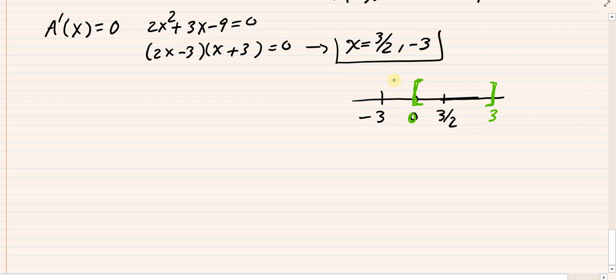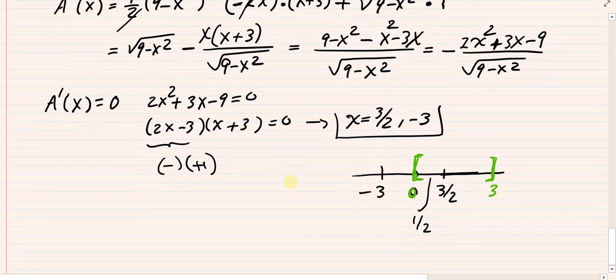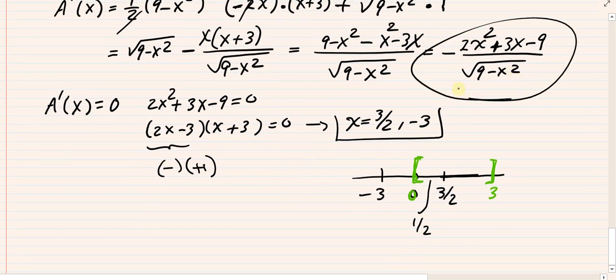But if I choose my test points, let's say between negative 3 and 3/2, pick 1/2. Gotta be careful here.